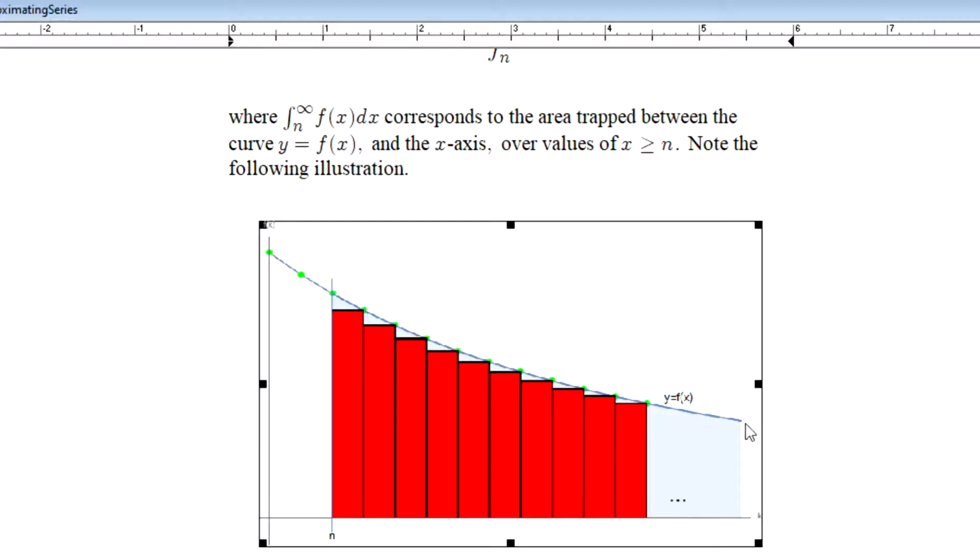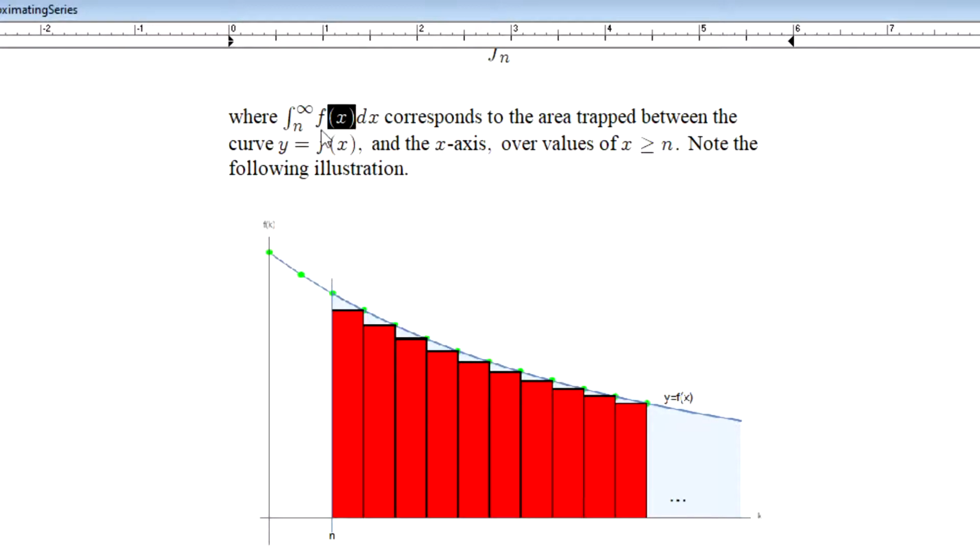We're going to consider that to be continuous in its behavior in terms of x, and we're going to begin integrating it from n to infinity. We're going to consider the integral starting here at n and continuing off to infinity. That integral calculation will actually correspond to the area trapped between this curve, y equals f of x, and the x-axis.